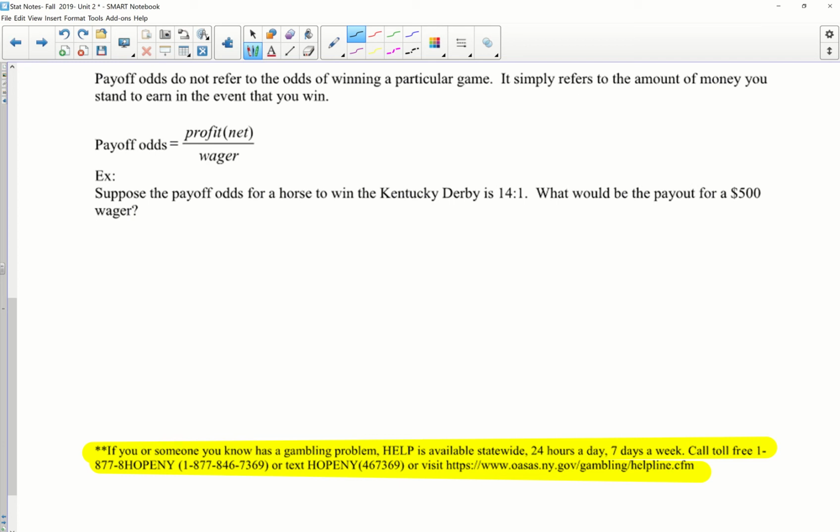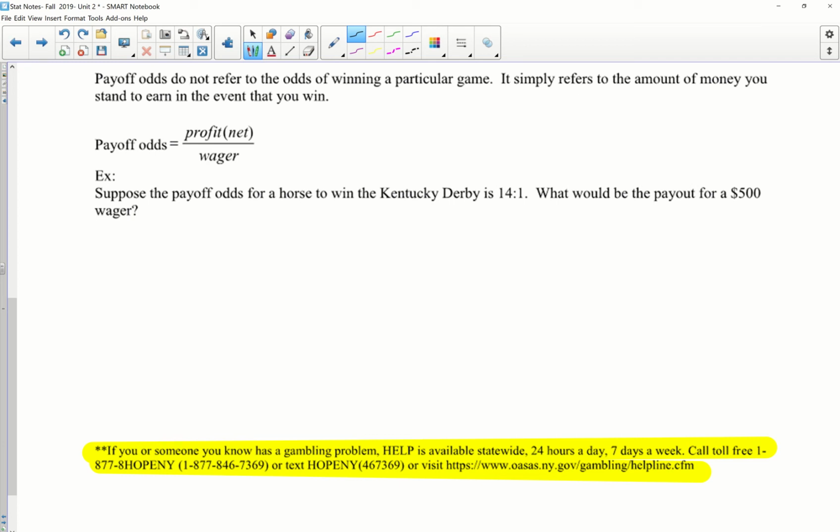All right. So Kentucky Derby. Suppose the payoff odds for a horse to win the Kentucky Derby is 14-1. What would be the payout for a $500 wager? Payoff odds is the net profit divided by the wager, and it always depends on whether or not you get your wager back.